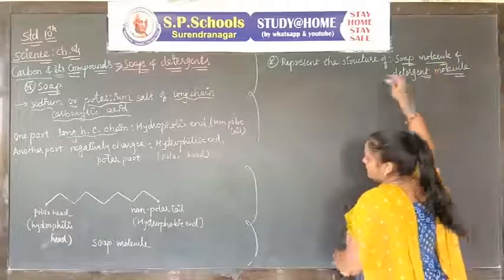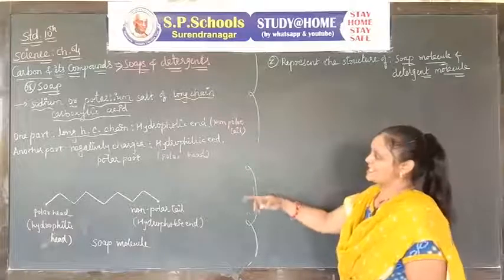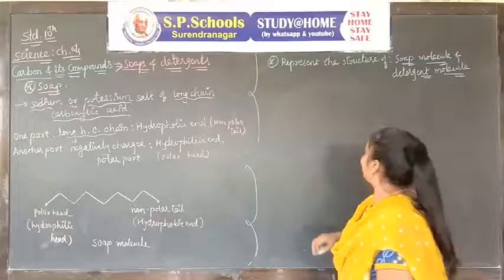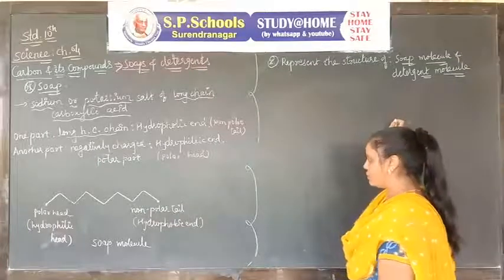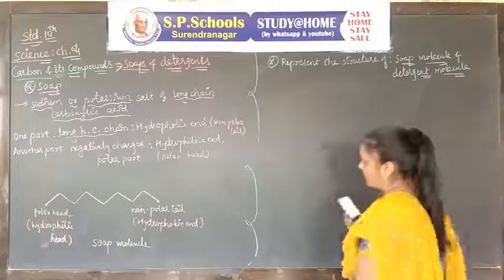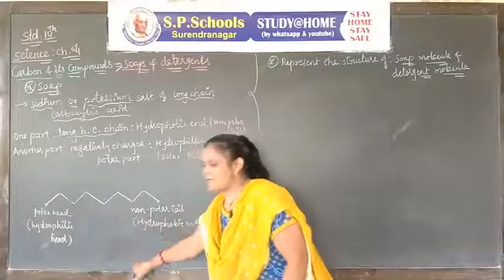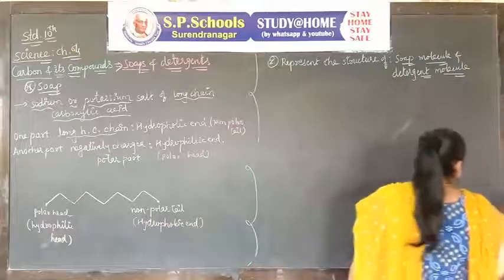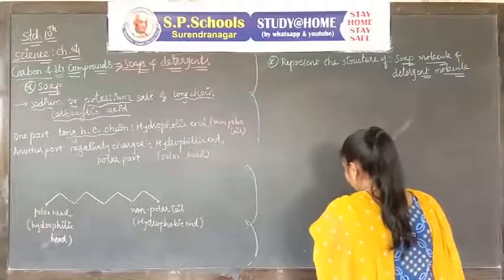See, here we represented the structure of the soap molecule with two parts, polar head and non-polar tail. Here we represent the structure of the soap molecule first and then the detergent.